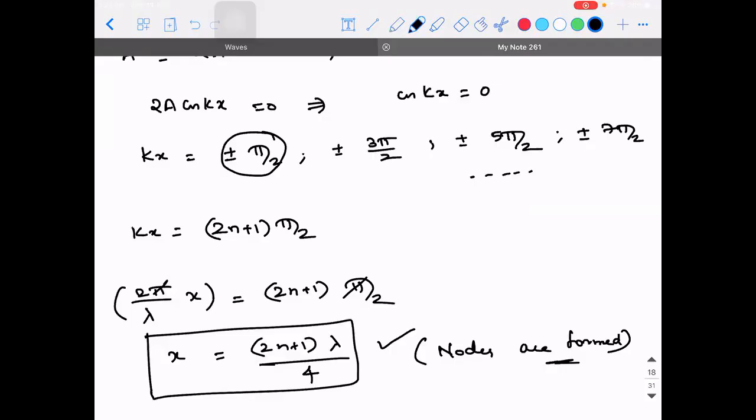Right? So is this point clear, guys? 2n plus 1 into lambda by 4. Clear, sir.